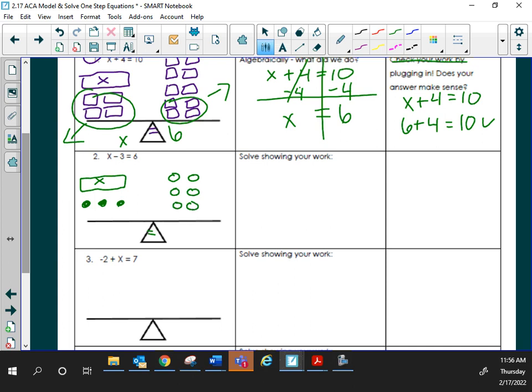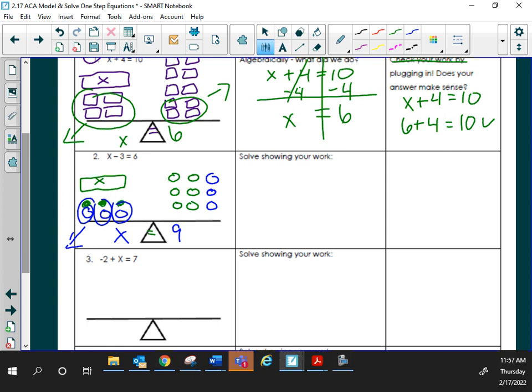To get x by itself, because they're negatives, I'm adding 3: 1, 2, 3. To keep it balanced, whatever I do to one side, do to the other. Take away any 0 pairs. Bye-bye. X is left, and then on the other side, it's equal to 9. Wait, what?